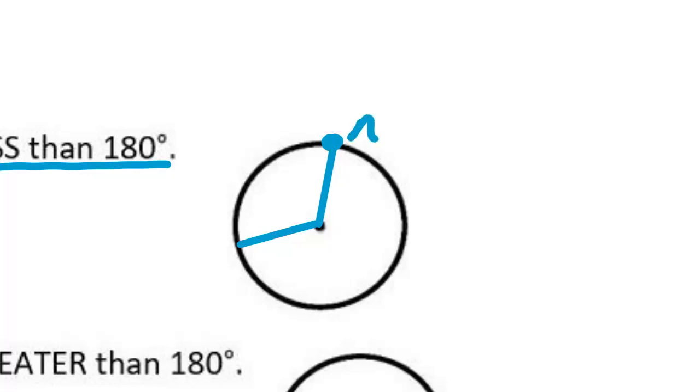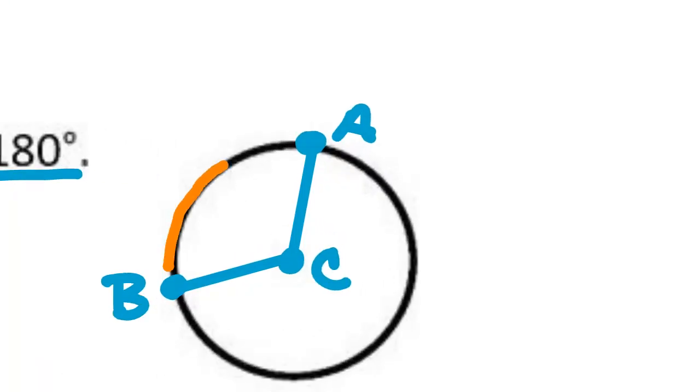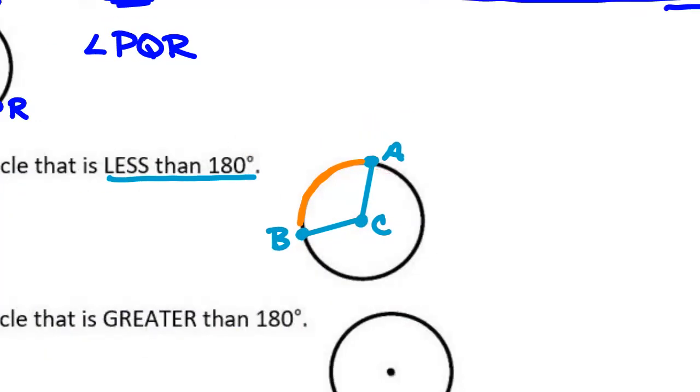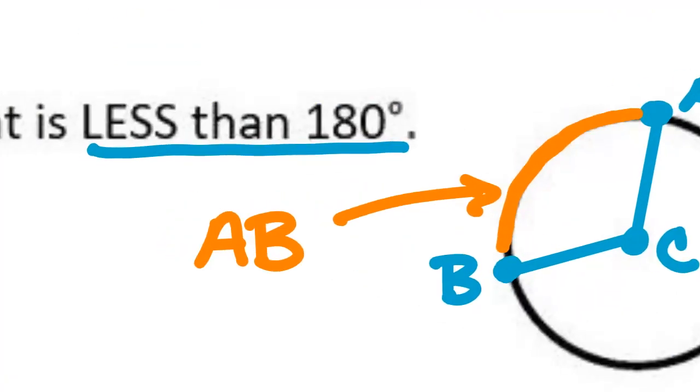We're going to call this angle ACB. This right here is arc AB, which we write with the letters, and then we put a curved piece over the top.